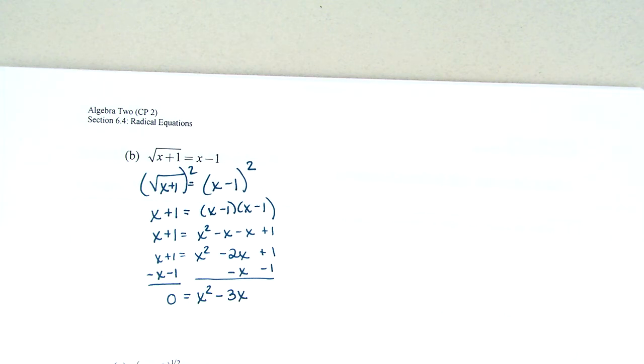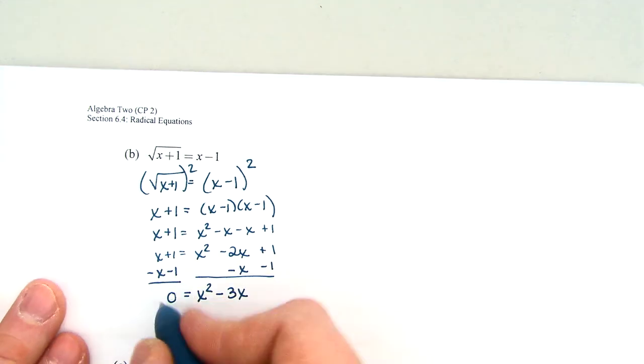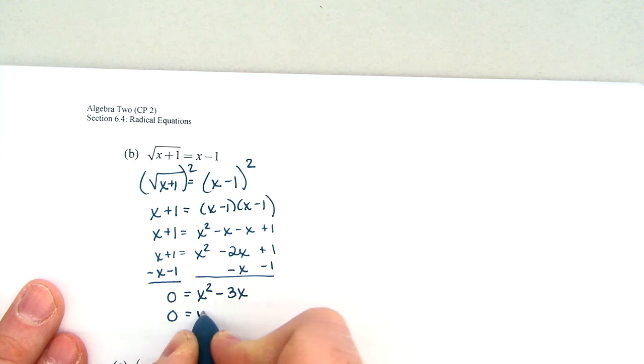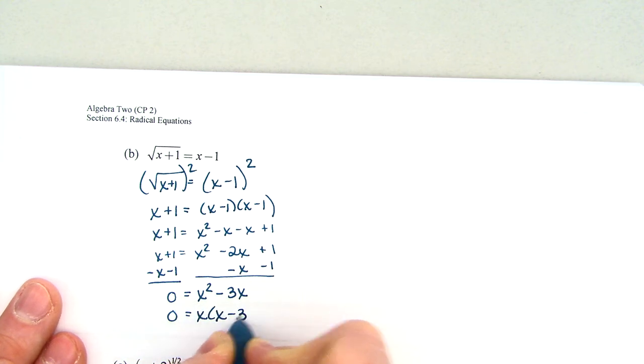Well, I know it looks a little weird, but it's a quadratic equation. We can solve by either factoring or quadratic formula, get some answers, and then kind of go from there. This one we can solve by factoring in kind of a weird way. Take out an x. We're going to get x times x minus 3.